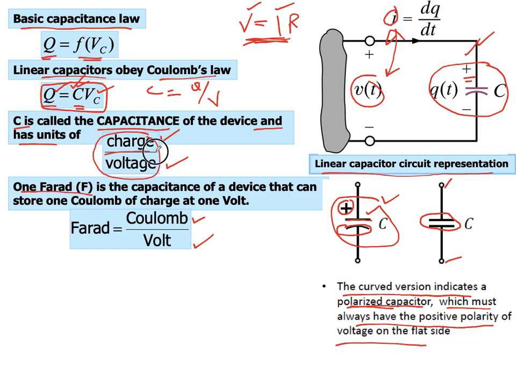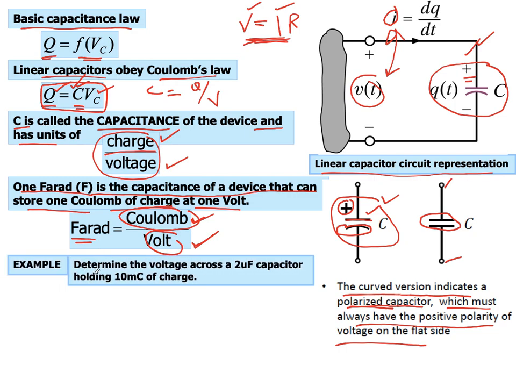We know for charge the unit is coulombs, and for voltage it is volts. So 1 farad is defined as the capacitance of a device that can store 1 coulomb of charge at 1 volt. If any device can store 1 coulomb of charge when 1 volt is applied at its input, we can say it has a capacitance of 1 farad. This is how we define the units of capacitors.